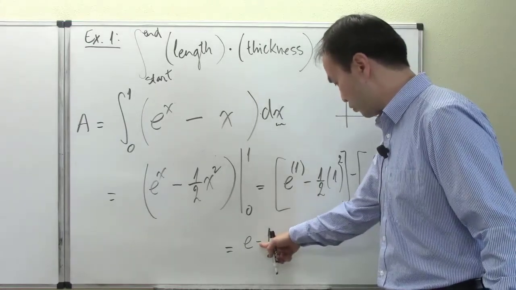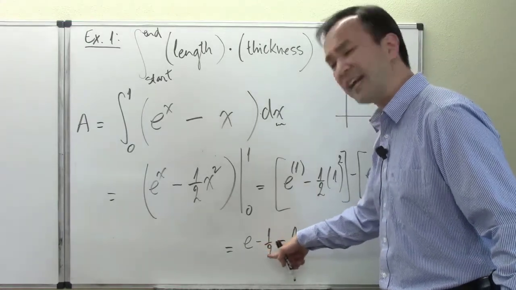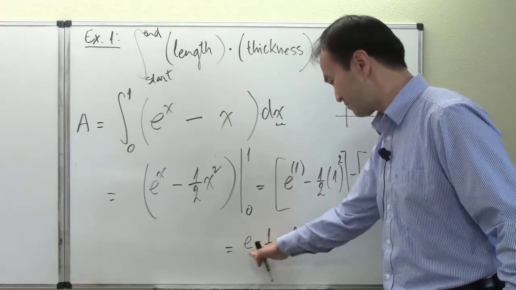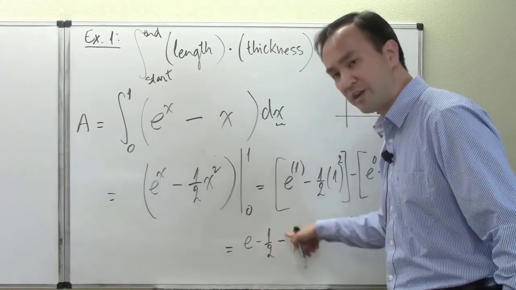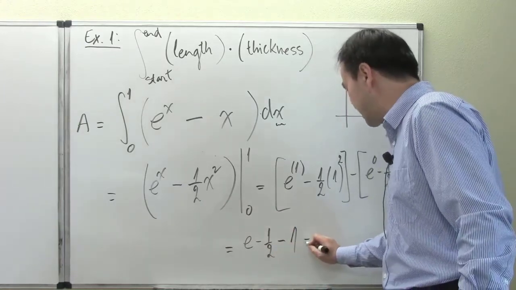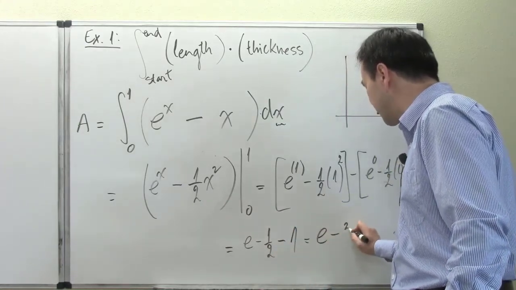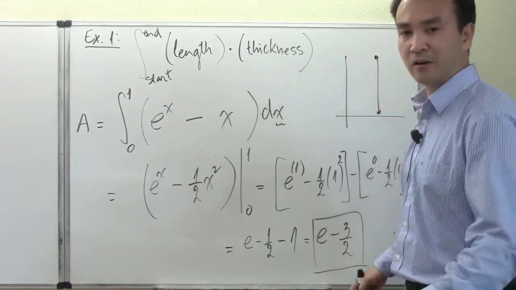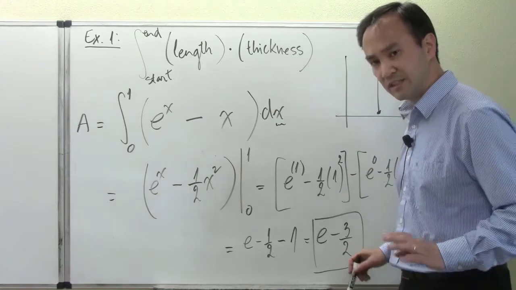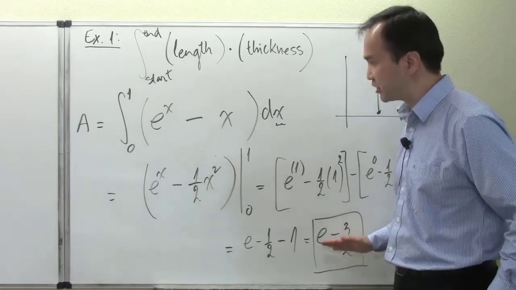Then minus 1/2 minus 1 are really like terms. They're all constants already, but we can still combine them numerically. So in exact expression, we're looking at e minus 3/2, and that is our total final answer.